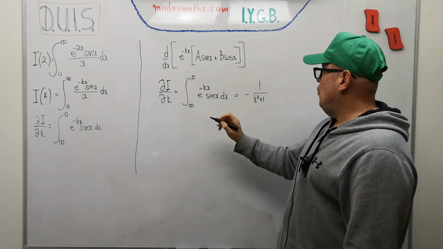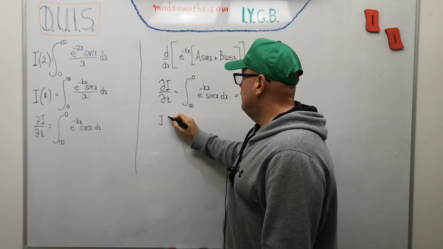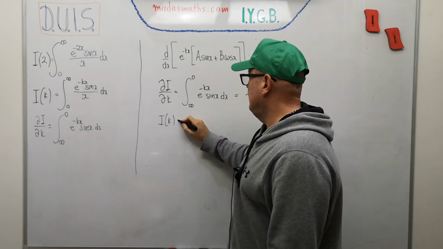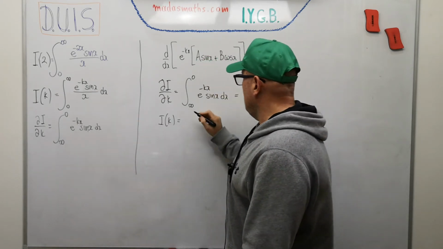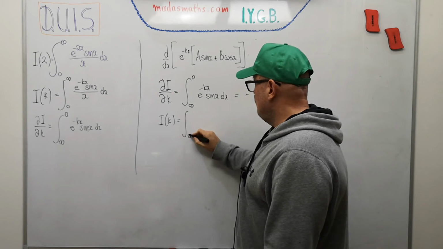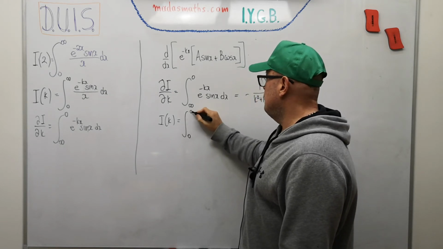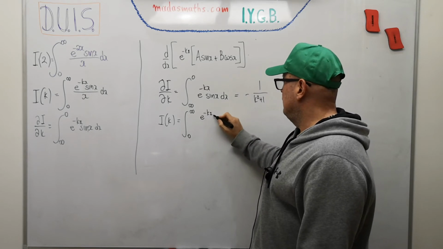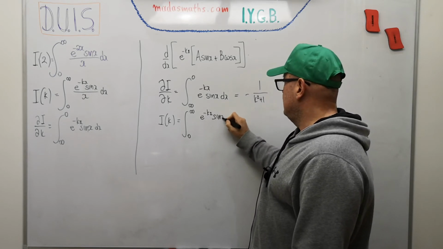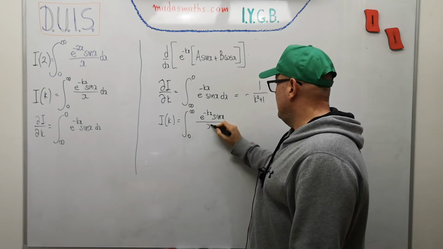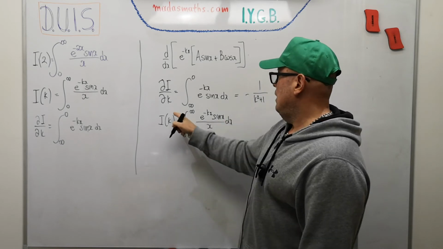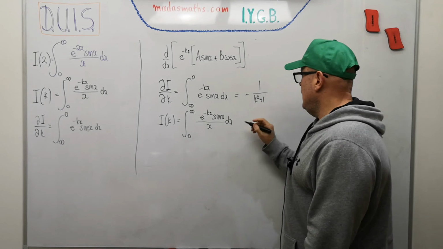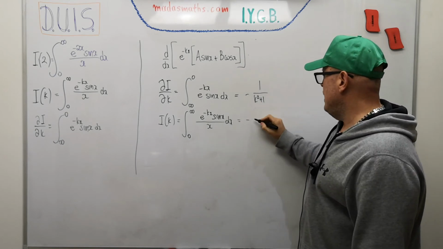So if I want my I of k, which of course is the integral from 0 to infinity of e to the minus kx sine x over x dx, I'm integrating this with respect to k, so that's going to be, of course, an arctan with a minus at the front.